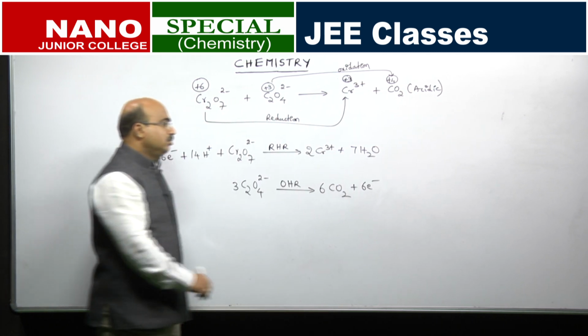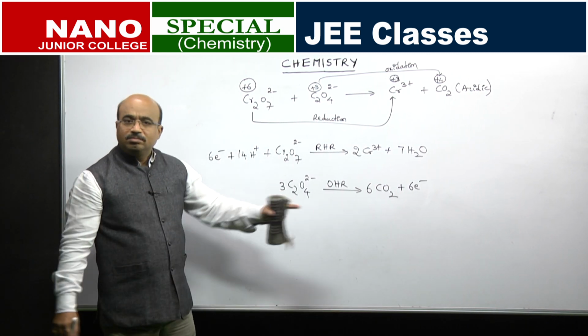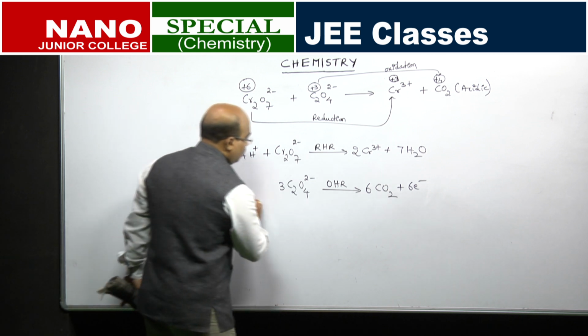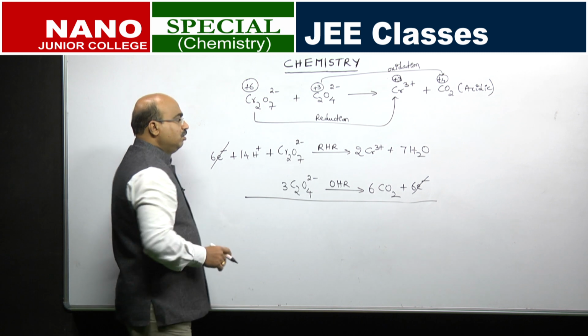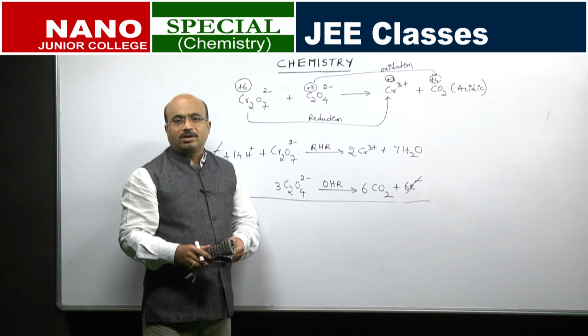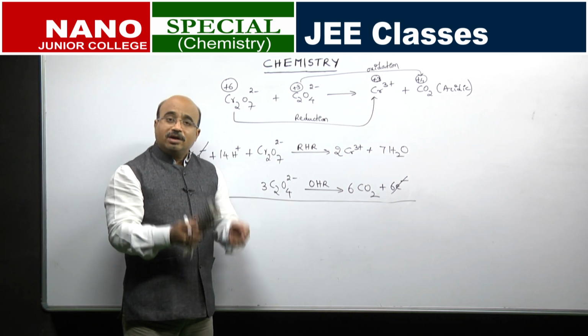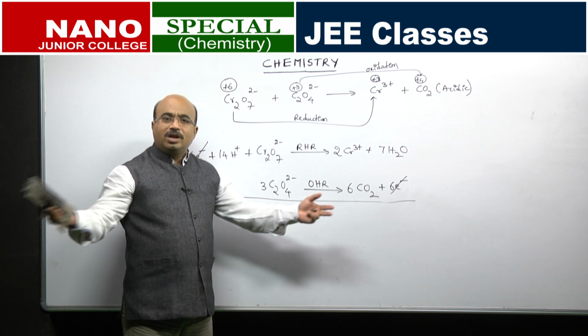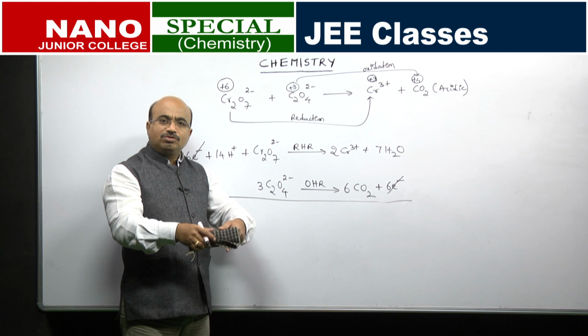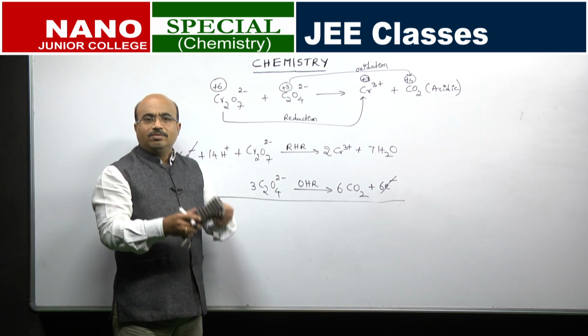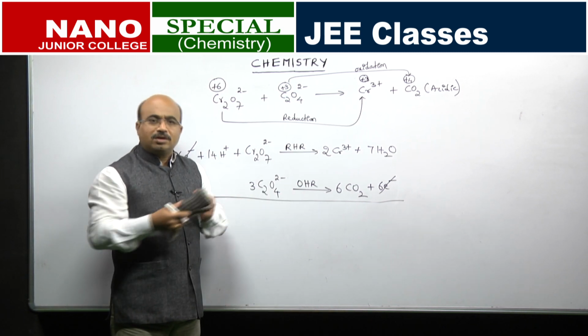So, now what is it? Electrons are the same, so we say these two reactions can now be added, because in a reduction and oxidation the number of electrons must be the same. In a redox reaction electrons will not come from outside, one molecule or compound gives to the other one. So, one will give electrons, the other will take electrons.